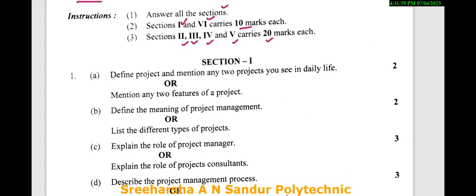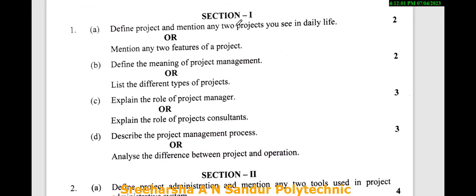Now if we come down, this is section 1. If you see here, 3 plus 3 is 6, plus 2 is 8, plus 2 is 10. So this section carries 10 marks. This is your question number 1.